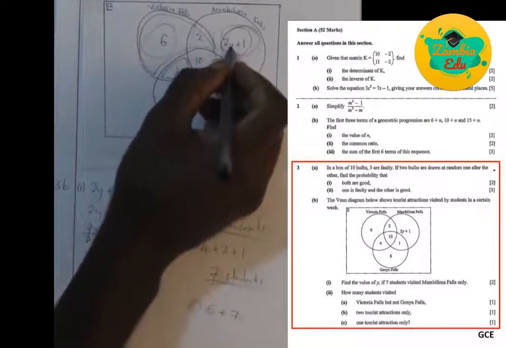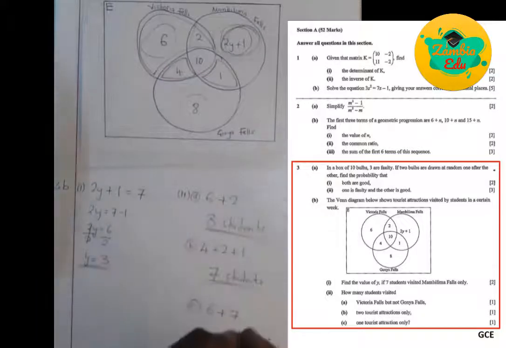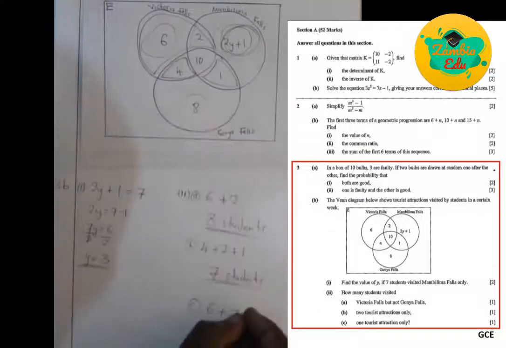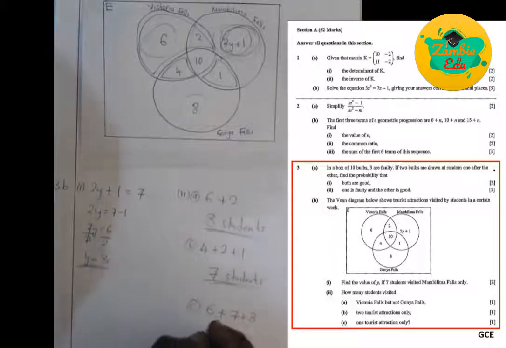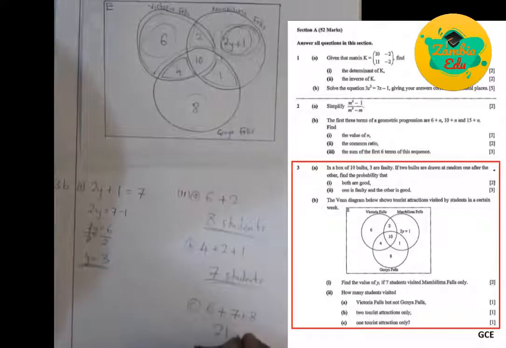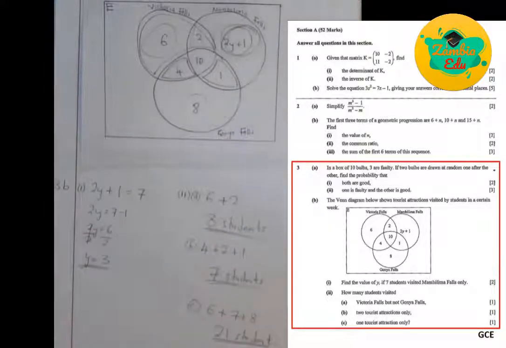We have 2 times 3, 6 plus 1, 7, and plus our 8 there. So 6 plus 7, 13, 13 plus 8, we are talking about 21 students. Alright, that's it.